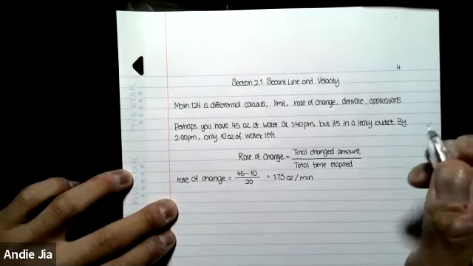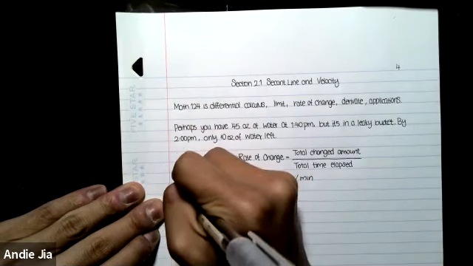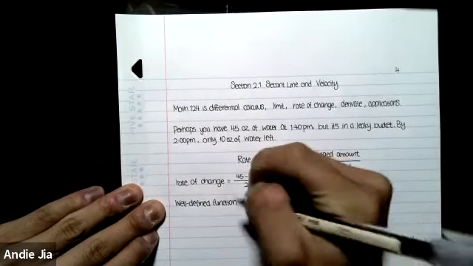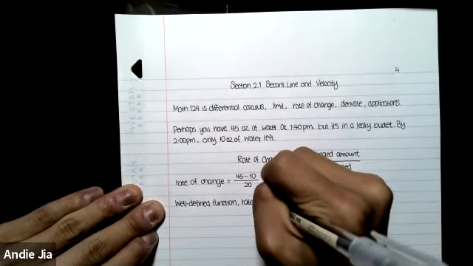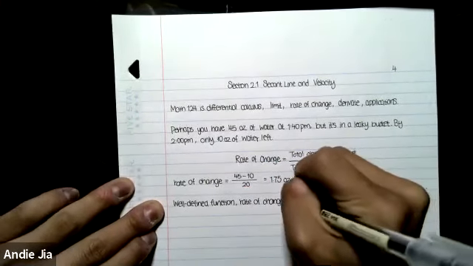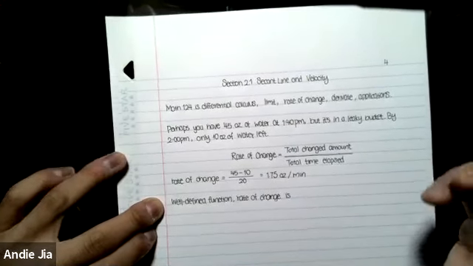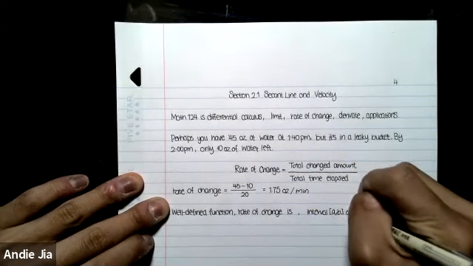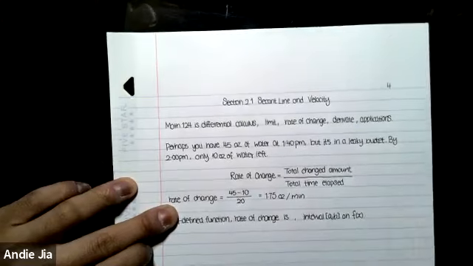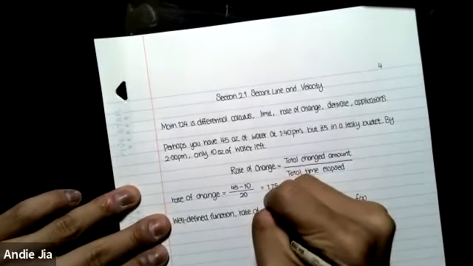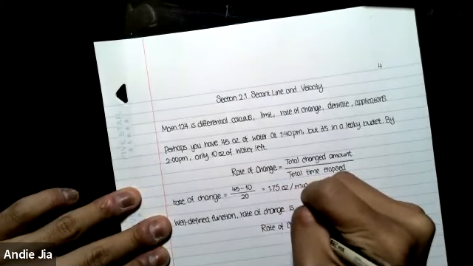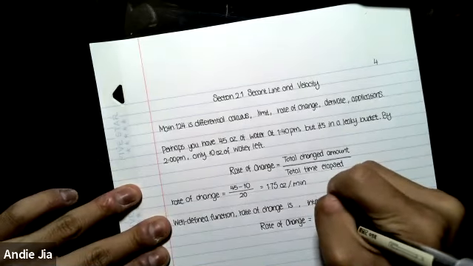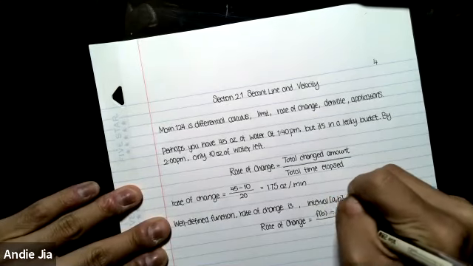While if you have a well-defined function, then the rate of change, if you have an interval a and b on a function called f of x, is equal to f(b) minus f(a) over b minus a.